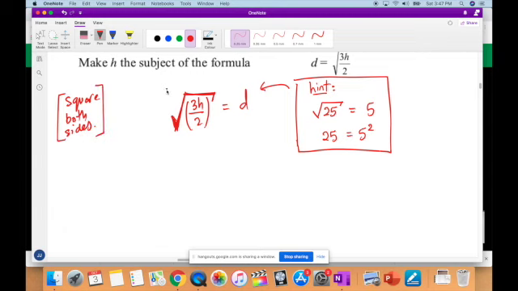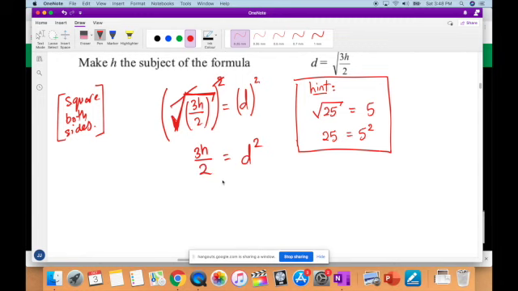So if I was to take this whole thing and square it, then I would have to also square this, and so I have to square both sides. So therefore on this side I will end up with d squared. And then on this side, that square is going to cancel with the square root. Right? And you're going to end up with just your 3h on 2 alone.